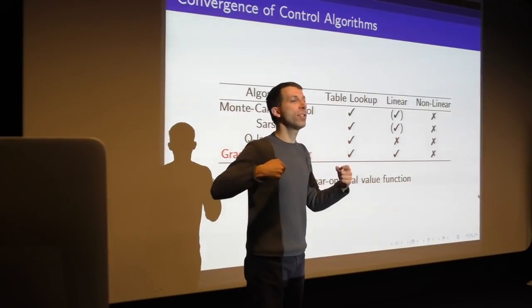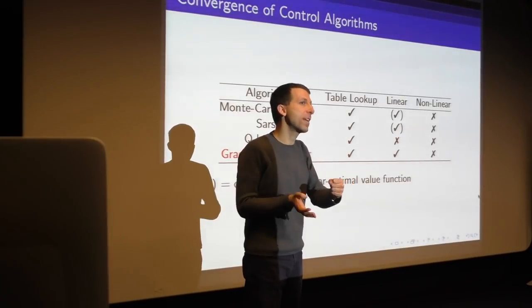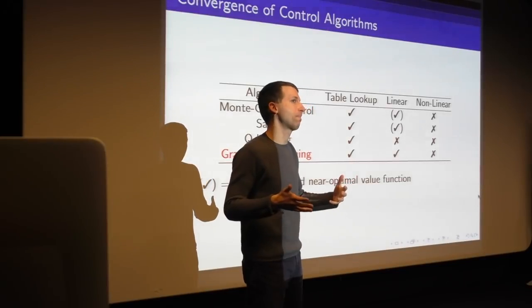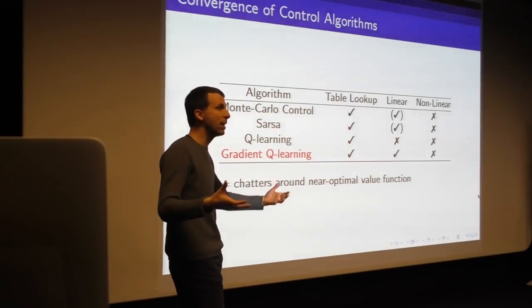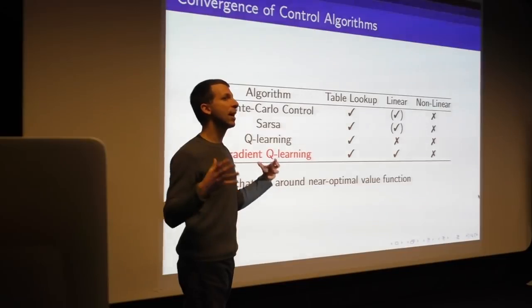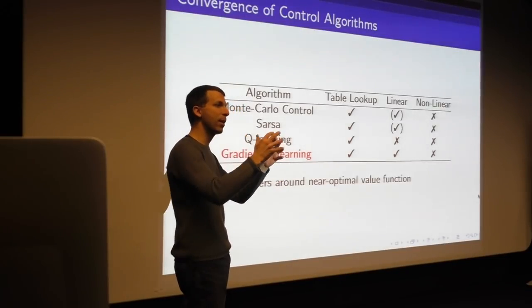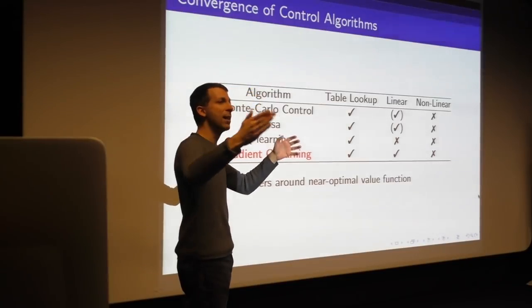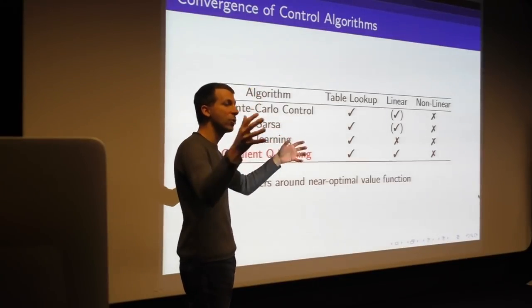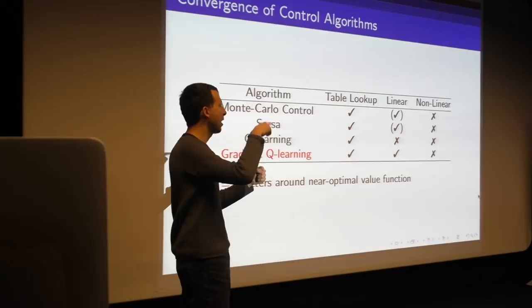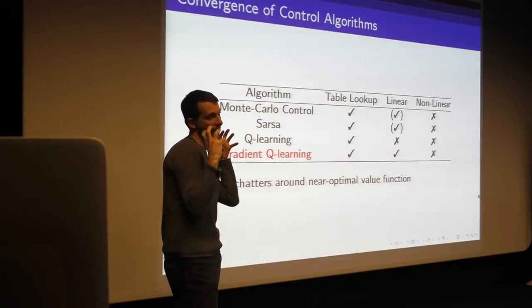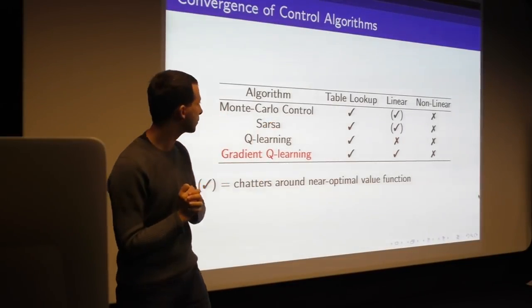There's no guarantee once you use function approximation that your improvement step is really improving the policy. You might take an epsilon greedy step, but we no longer have the guarantee that it's actually making progress at every step. You can make progress, then take a step away, and make progress, take a step away, and end up chattering around the optimal policy or the optimal value instead of ever converging to it.